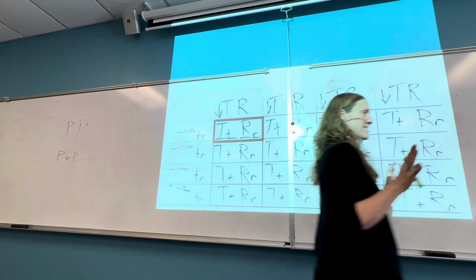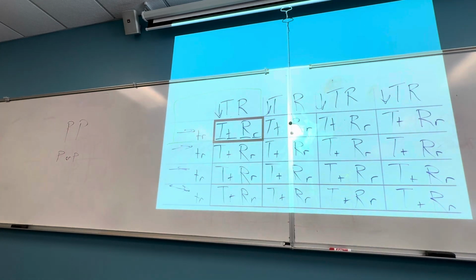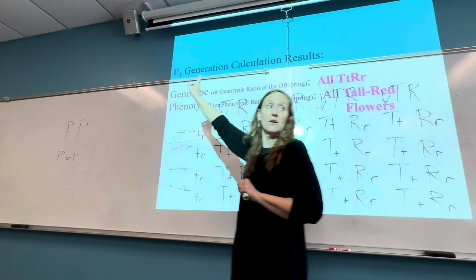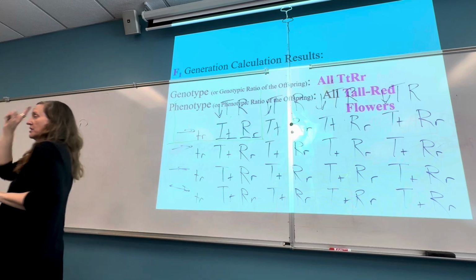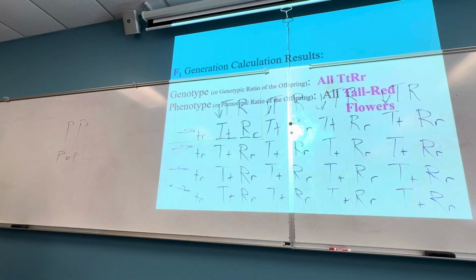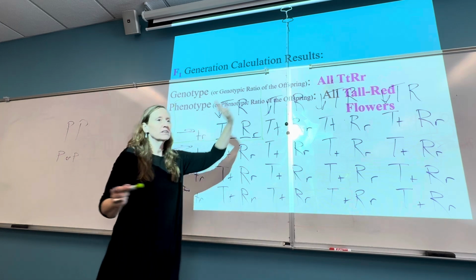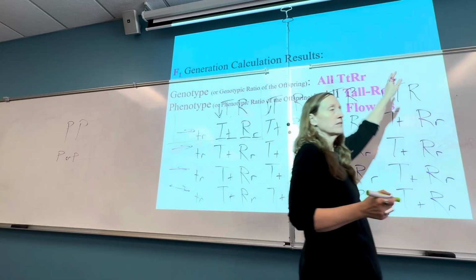Okay, so this is in reporting our offspring. Remember that these are the F1 offspring from those parents. Those are the first generation of offspring, the F1 offspring. You could just do it easily. You could say all capital T, capital R, little r.